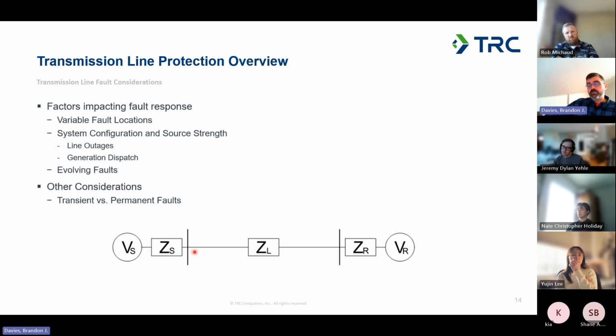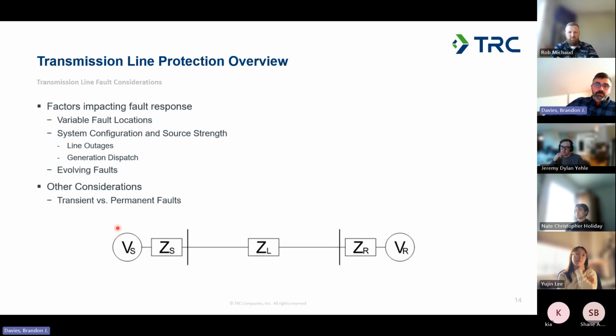So as you move the fault location down the line, the amount of impact the line's own impedance has on the system response is going to change. In general, you're moving from a higher current for a close-in fault to a lower current for a fault that's further away in the system.